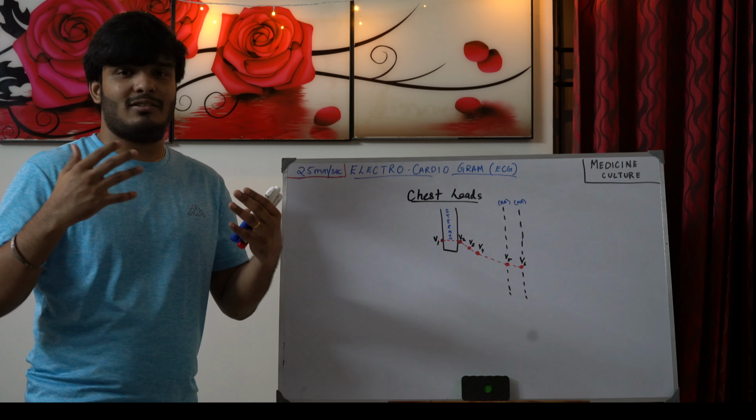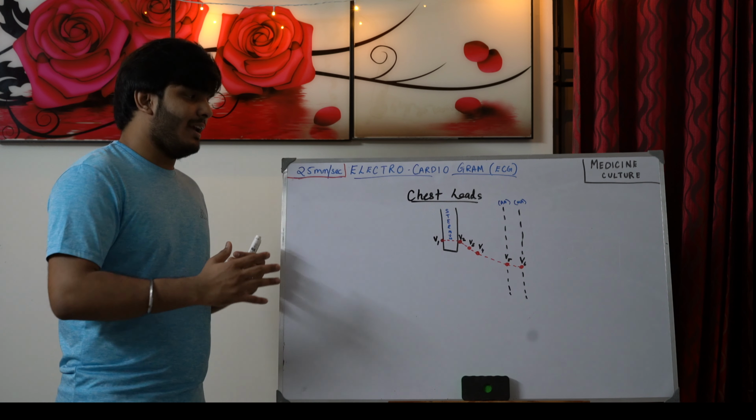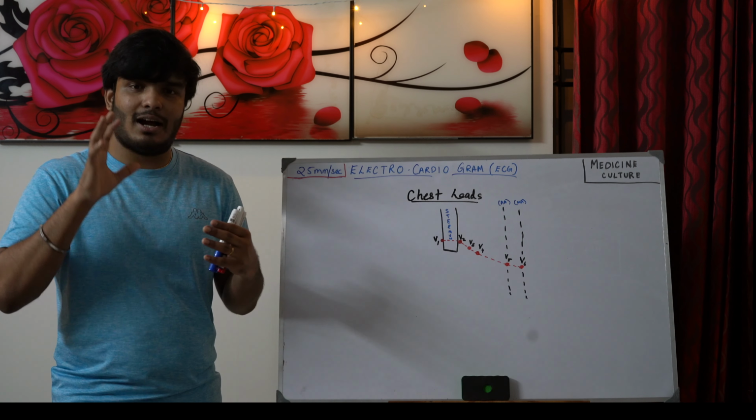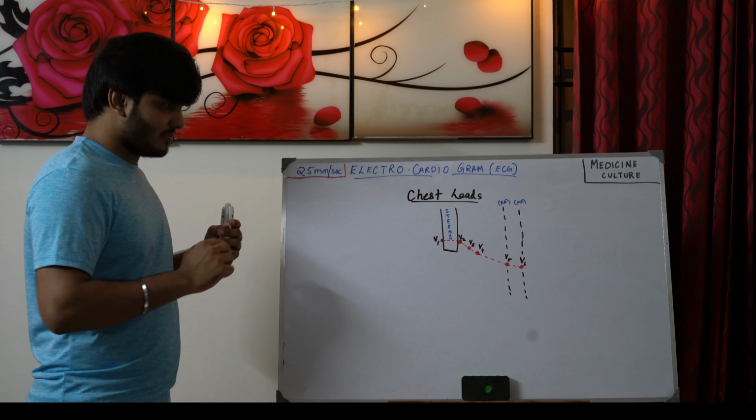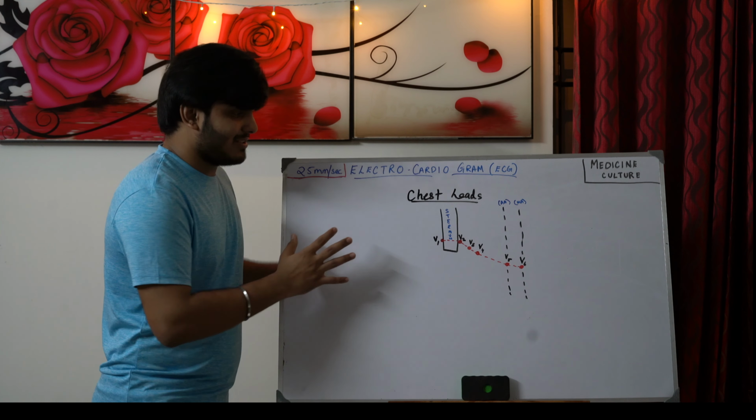But we didn't actually see the heart from above. So he placed chest leads to see the heart from the anterior aspect also. How they are placed is very, very important, and we need to be sure with our answers, and this should be our habit when we do an ECG. We should not forget this important thing forever.